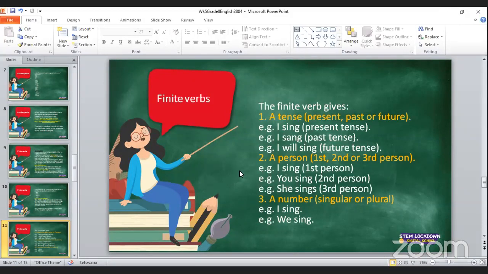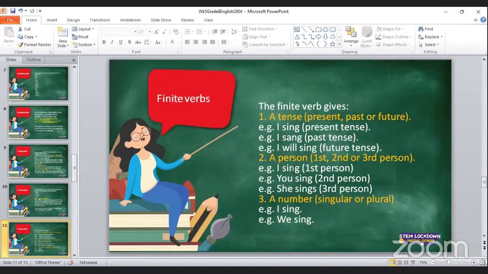Let's go to the second one. I said that the finite verb also gives us a person, whether it is the first person, the second person, or the third person. Example, I sing. It shows that I am speaking in the first person, that is, I am talking about myself.